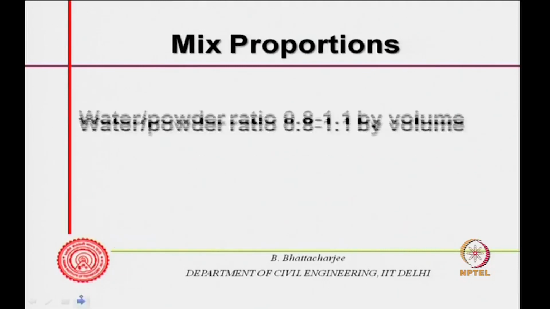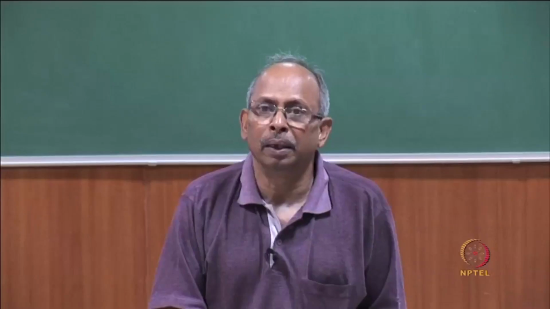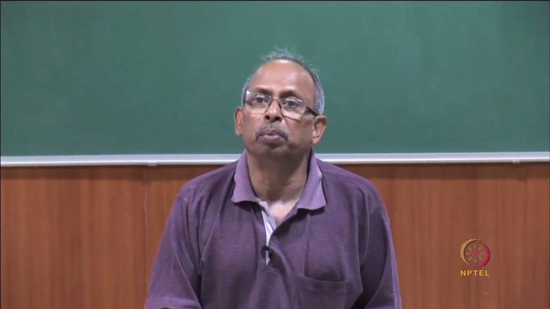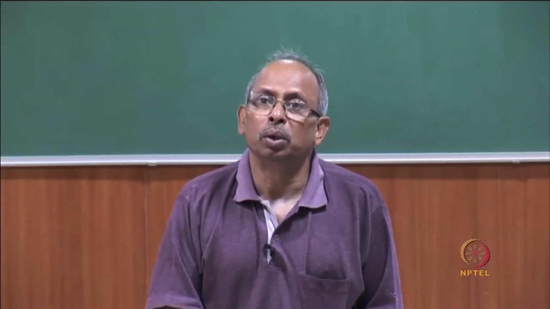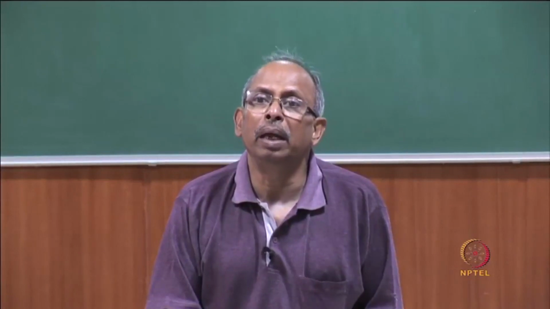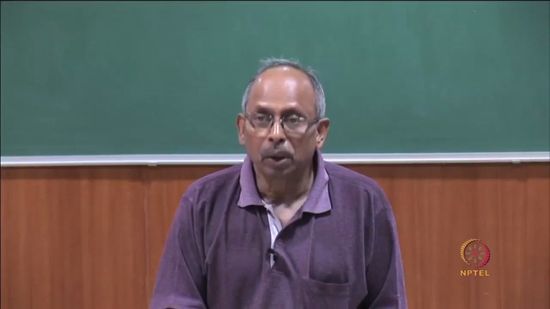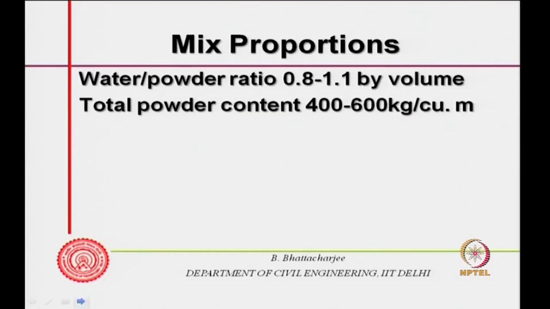Just to remember what we did in the last lecture, we said that the water to powder ratio should be 0.8 to 1.1 by volume, something of that order. Total powder content ranges from about 400 kg per meter cube to 600 kg per meter cube.